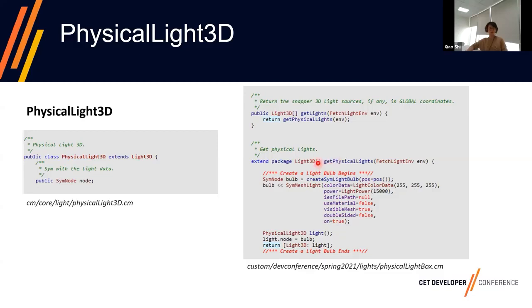What it does is it takes a CM sim node, and the sim node will pass in a sim mesh light, which I will cover in a minute. So you will pass in a sim mesh light, and then you will define a physical light 3D, assign this node, which is here, assign this node to this sim node, and just return this light.